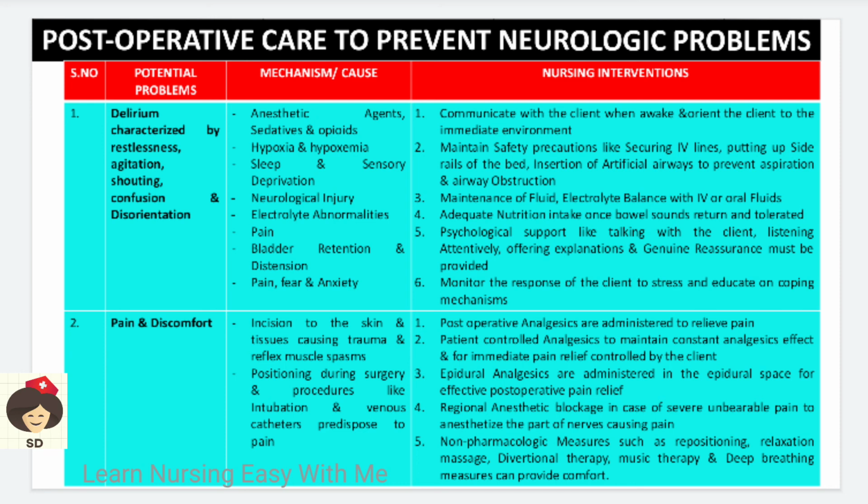If the pain is very severe and intolerable, we can also provide regional anesthetic blockade, so that there won't be pain sensation. Non-pharmacological therapies like relaxation, diversional therapy, music therapy, massage, and deep breathing should all be used for pain management.